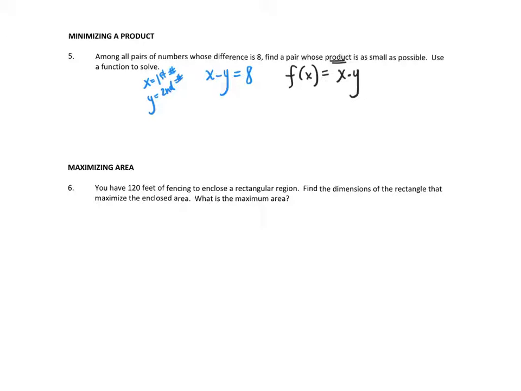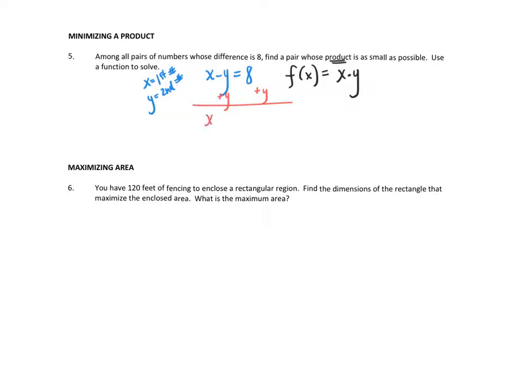And that's a function. The only problem is we've got two variables, and I can't really do much with that unless I was just guessing and checking, which is not what we want you to do. So I need to get y in terms of x. So what I'm going to do is get y by itself. So maybe I'm going to add y.